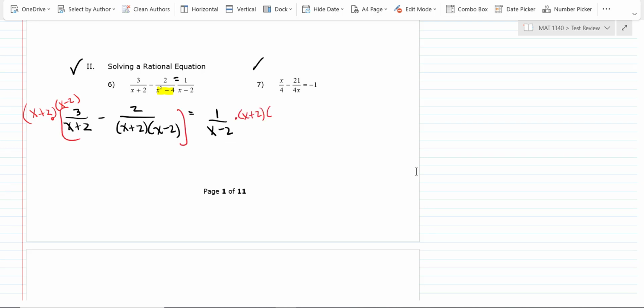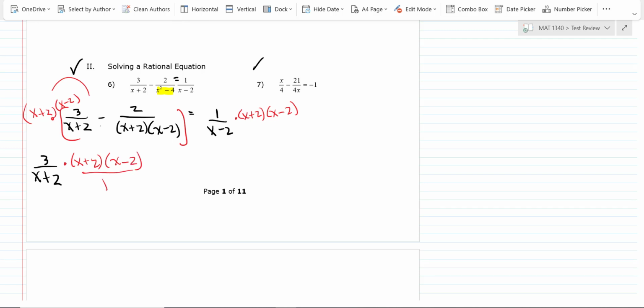Okay, and you can do some of this in your head. I think the safe way to teach students this is just to carefully write down the next step so that you can easily see how things cancel. So I'm just going to write down the 3 over x plus 2, and I'm doing a distributive property, so I'm going to multiply that by x plus 2 times x minus 2. Okay, I'm going to show that step.